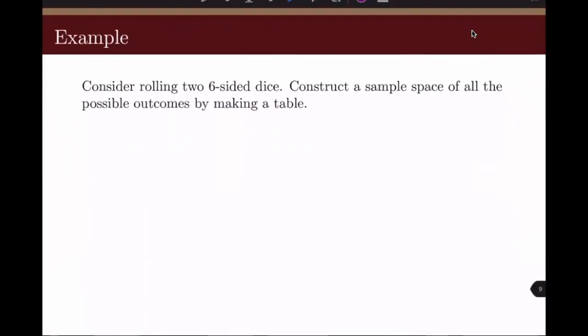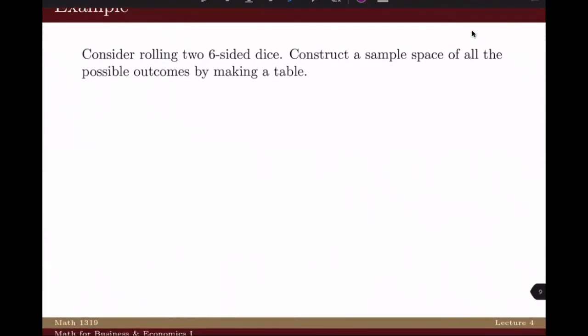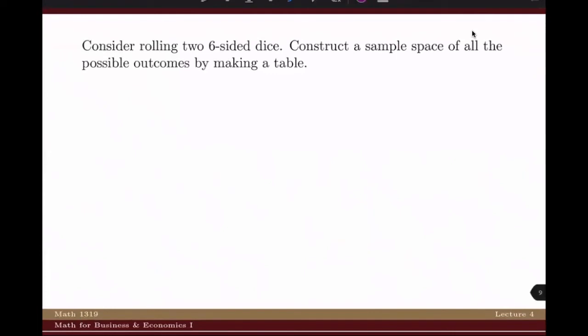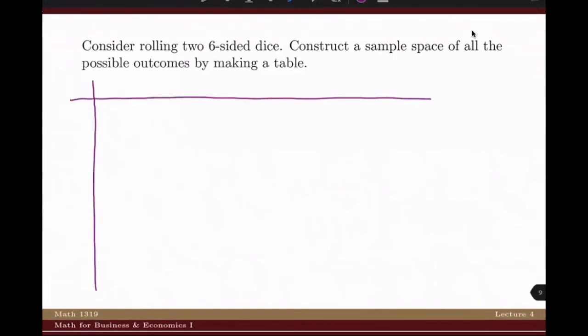Next example is consider rolling 2 six-sided die and construct the sample space of all possible outcomes by making a table. So I'm going to show y'all how to make this table. So I'll have 1, 2, 3, 4, 5, 6.